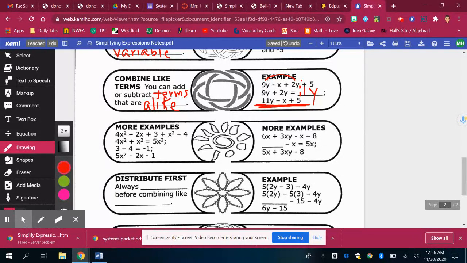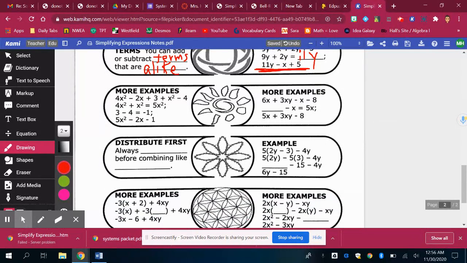Over here, they're giving us some more examples. I'm looking at this example right here. We have 4x squared minus 2x plus 3 plus x squared minus 4. So what they did is they took this 4x squared and this x squared and put them together because there's a 1 in front of here. So that gives us a 5x squared.